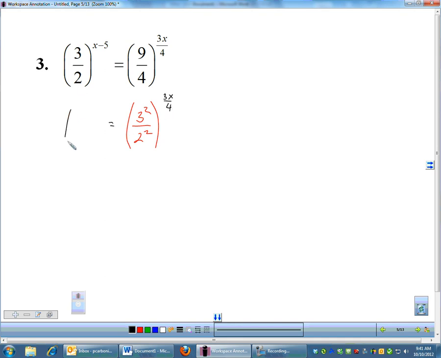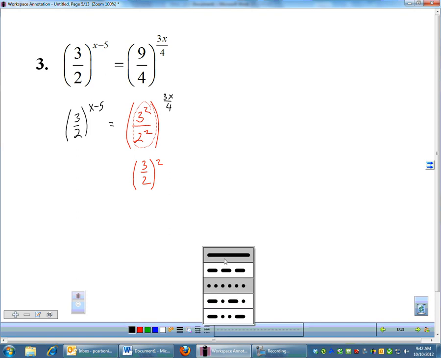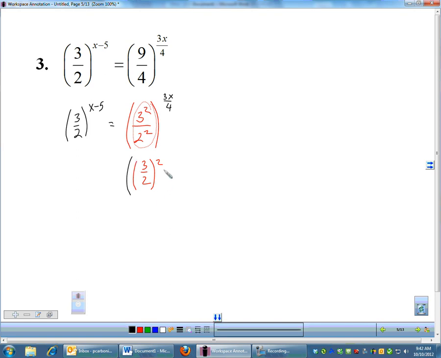The right side I'm actually just going to keep as it is: 3/2 to the x minus 5. Well, 3 squared over 2 squared is actually the exact same thing as 3 over 2 all squared. So what I've done is I've changed 3 squared over 2 squared into 3/2 squared, and then that's all still being raised to the 3x over 4.